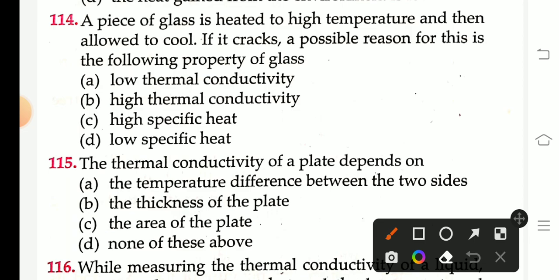Right answer will be option A. Low thermal conductivity. Next, the thermal conductivity of a plate depends on. Right answer will be option C. The area of the plates.